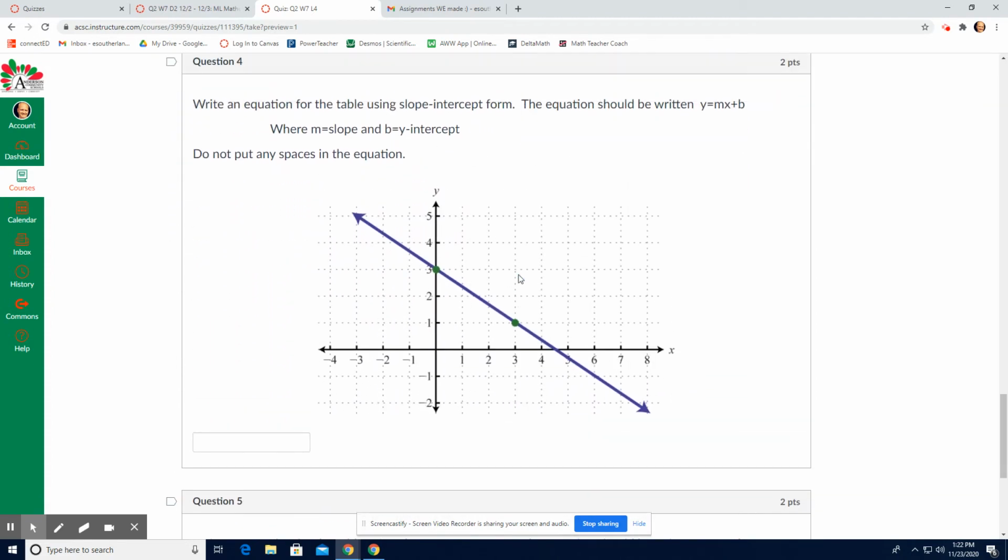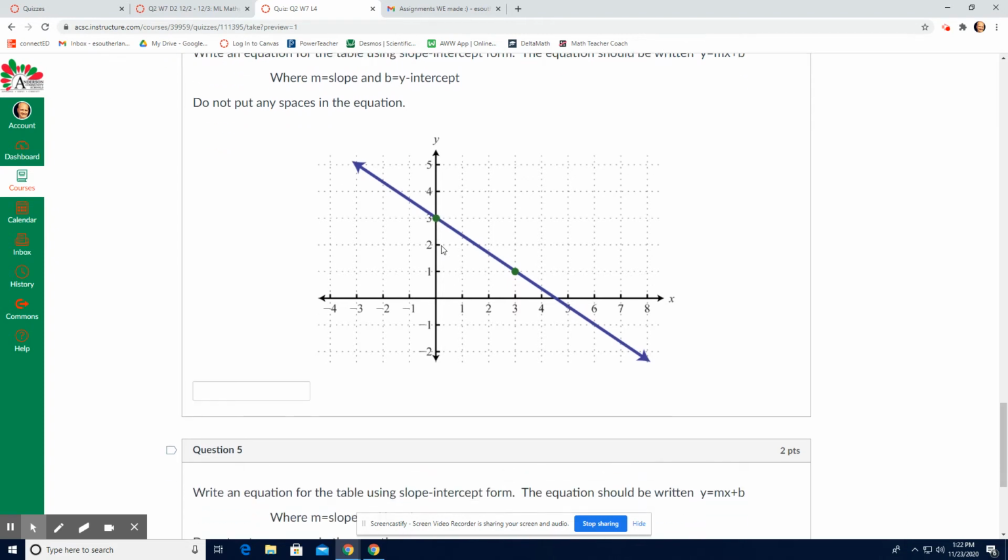We're going to look at this one. Again, we want to write the equation for this graph using y equals mx plus b, where m is slope and b is the y-intercept. The first thing I want you to see is that it crosses right there at 3. So our b is 3. Our slope is right there. We can draw these lines to make a right triangle.